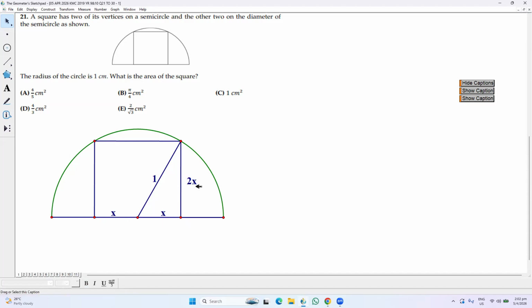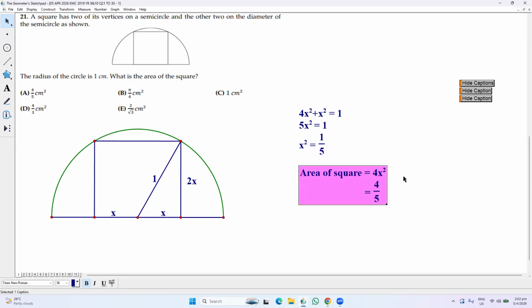Therefore, we can now form, using Pythagoras theorem, 2x squared plus x squared, 4x squared equal to 1, 5x squared equal to 1, x squared is 1/5. The area of the square is 2x times 2x, which is 4x squared. So 4/5. Next question.